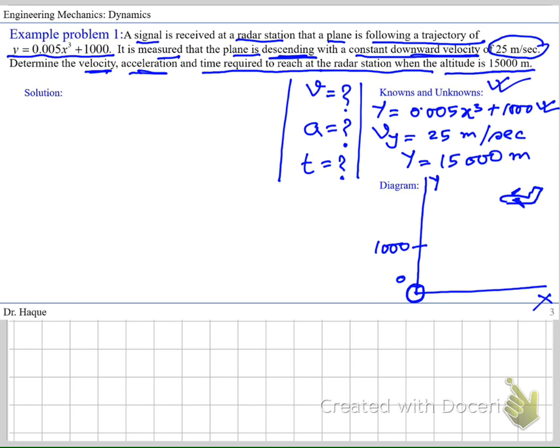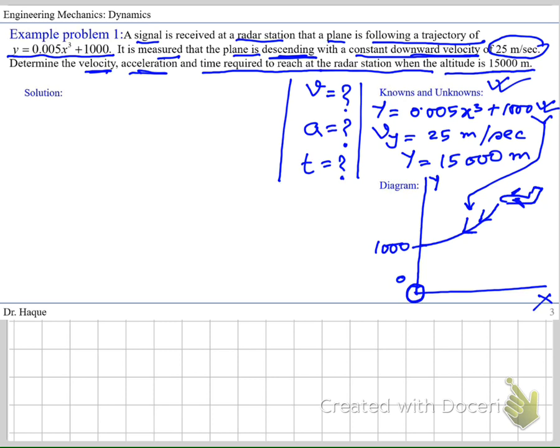And since it follows a curve, we assume the plane follows this curve, and this is the path the plane is following, and this curve is the same equation as this one. So now let's start solving the problem.